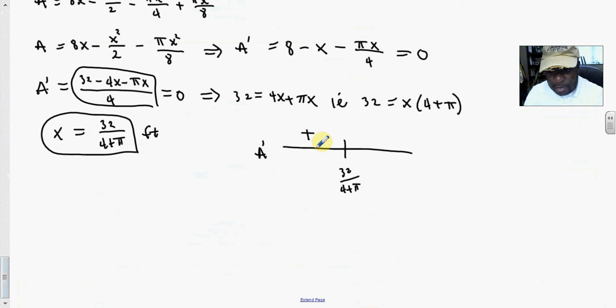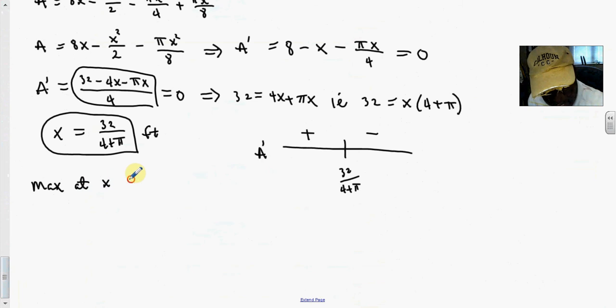You will get positive. Take a number bigger than that number and plug it in, and you will get negative. And so we have a maximum at x equal to 32 over 4 plus pi. What's y?